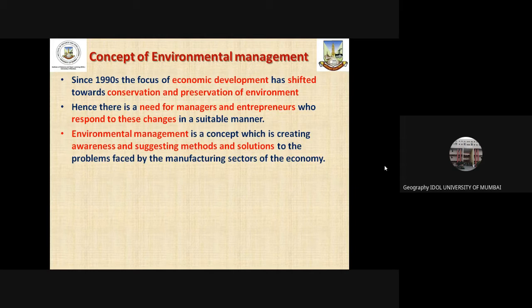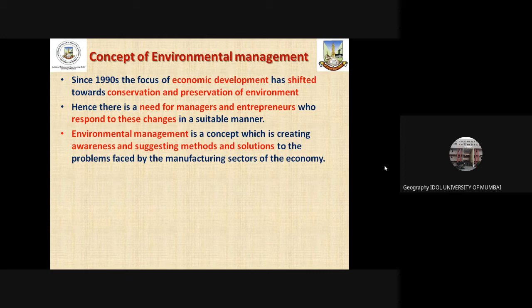Now, in order to reduce the severity of environmental problems and conserve the natural environment, a new concept that has evolved out of the need for environmental protection is environmental management.